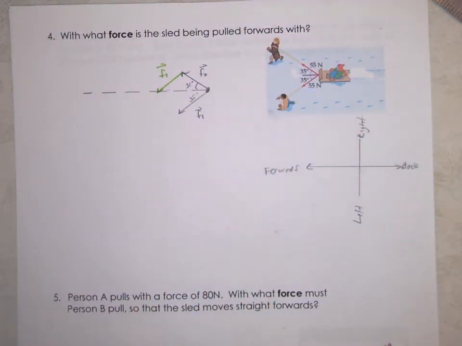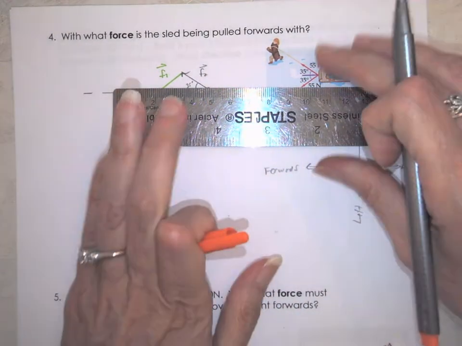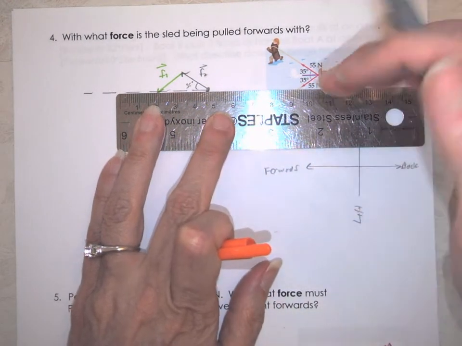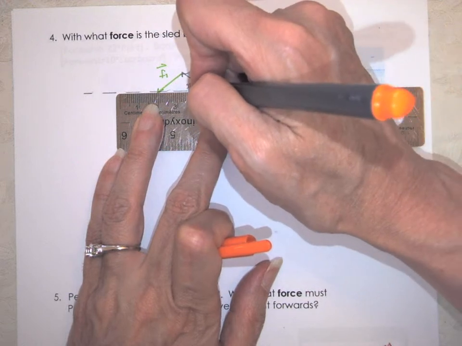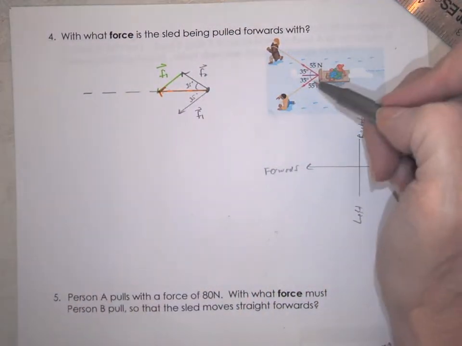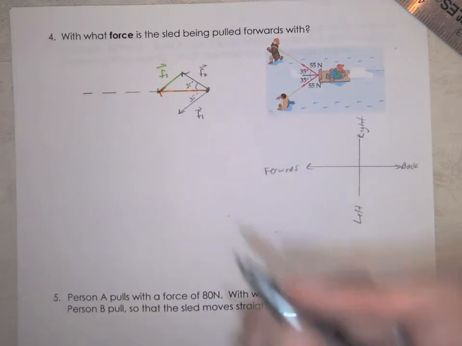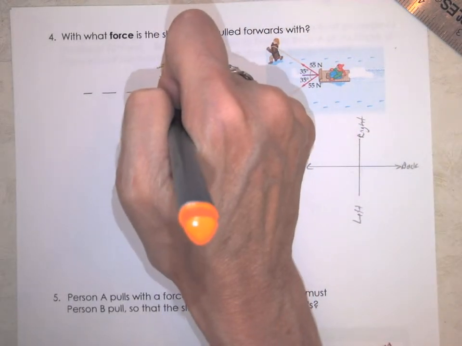And we know that the net force is going to be straight forward here because the forces are balanced. Each person's pulling at the same strength at the same angle. So the sled will end up going forwards. So this orange one I've drawn is F net.